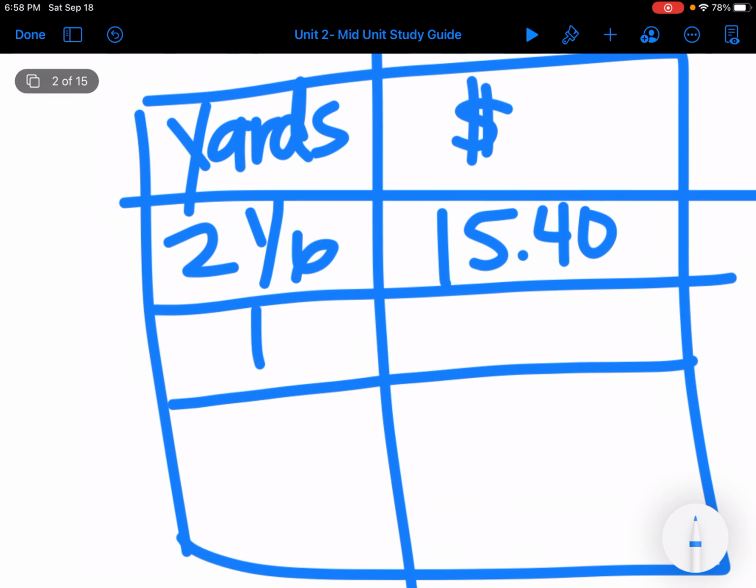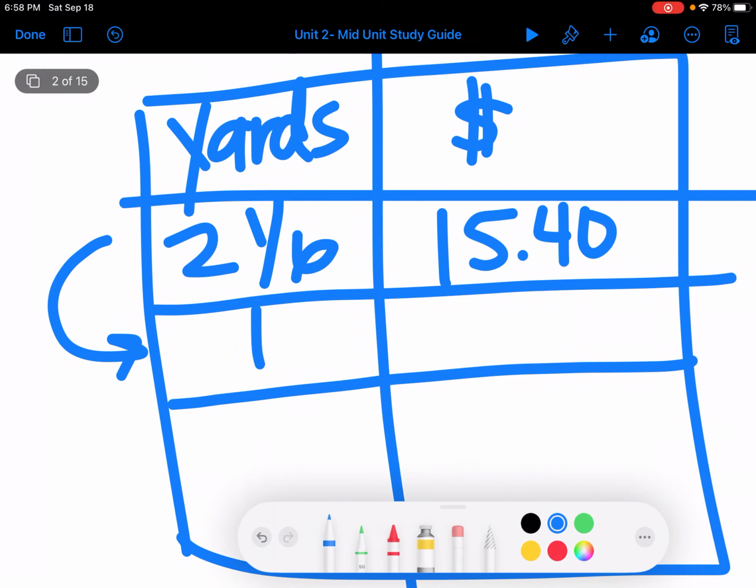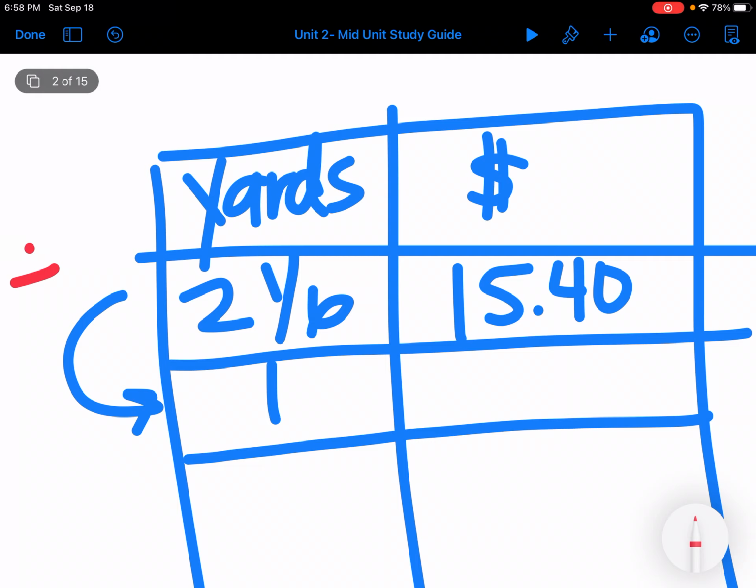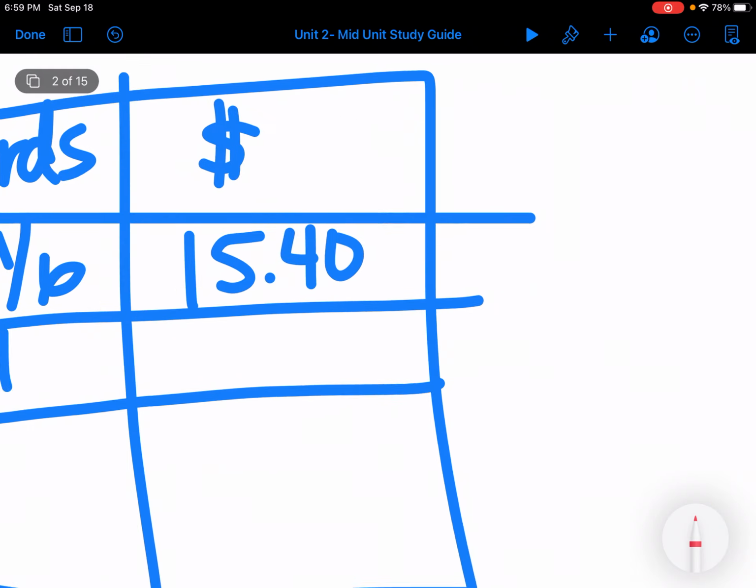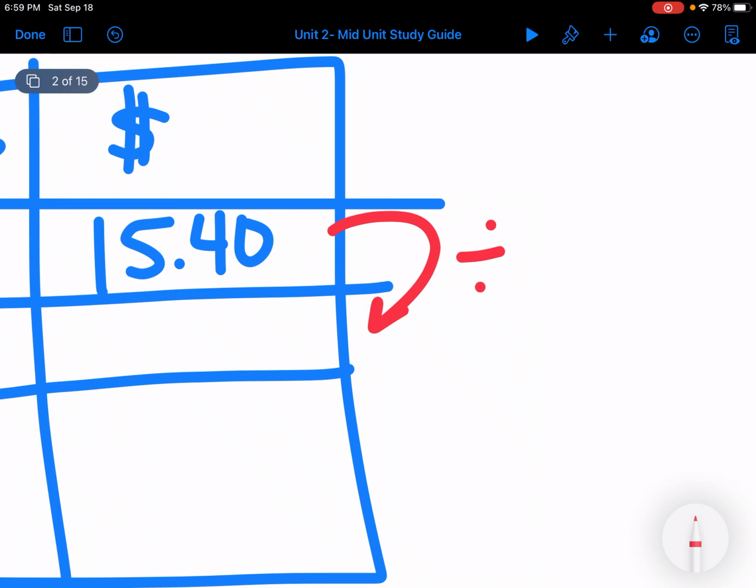So for 1 yard. If I'm trying to get from 2 1/6 to 1, I'm going to divide by 2 1/6. So on this side, I'm going to divide by 2 1/6. So on my calculator, I'm going to put 1540 divided by 2.16 repeating, because I don't have one of the fancy calculators in the classroom right now.